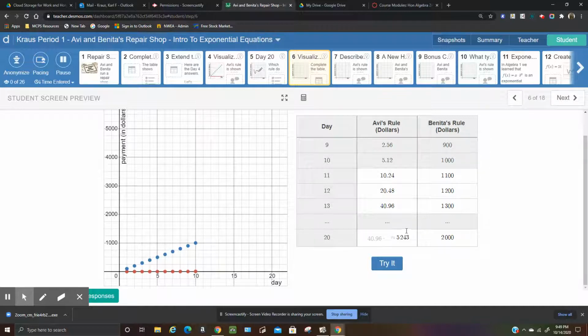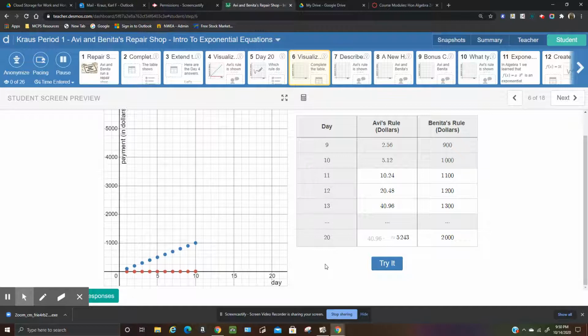So on day 19, half of 5243 would be 2621, so 2,621 on day 19.